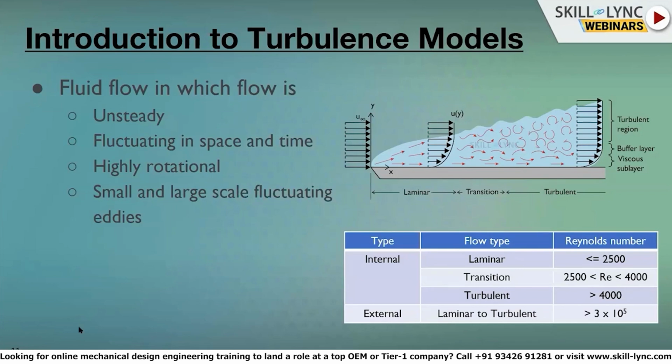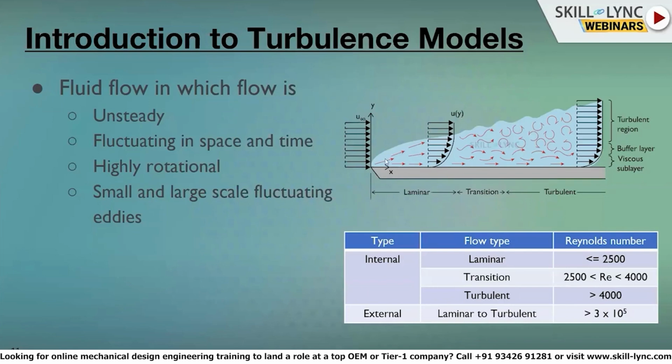Turbulence is an unsteady phenomenon where the flow is highly irregular. It will be fluctuating both in space and time. It is highly rotational, and there are large and small scale fluctuating eddies as shown here. Say this is a flat plate, and the incoming flow is coming with a free stream velocity of u infinity.